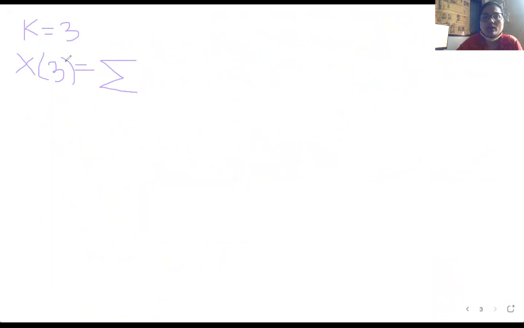So x of k is equal to summation n varies from 0 to N minus 1. Here the total number of samples is 4, so this will vary from 0 to 3. x of n into e raised to minus j 2 pi, value of k is 3, so here it is 3. We will be substituting value of n divided by 4.